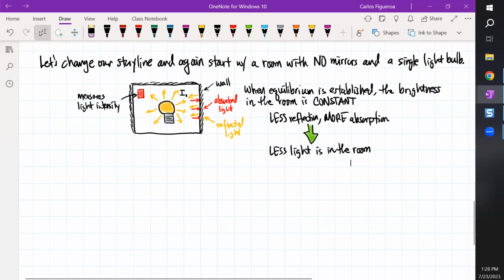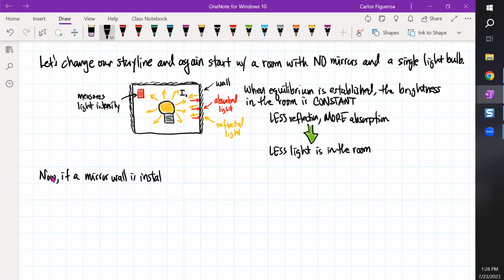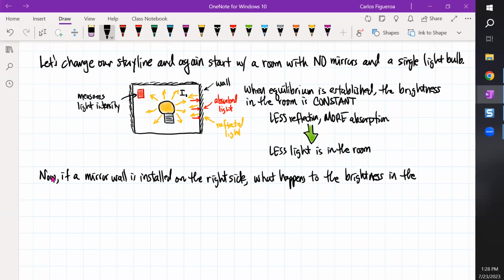Now I want to add a mirror wall. So now, if a mirror wall is installed on the right wall or the right side, what happens to the brightness in the room?